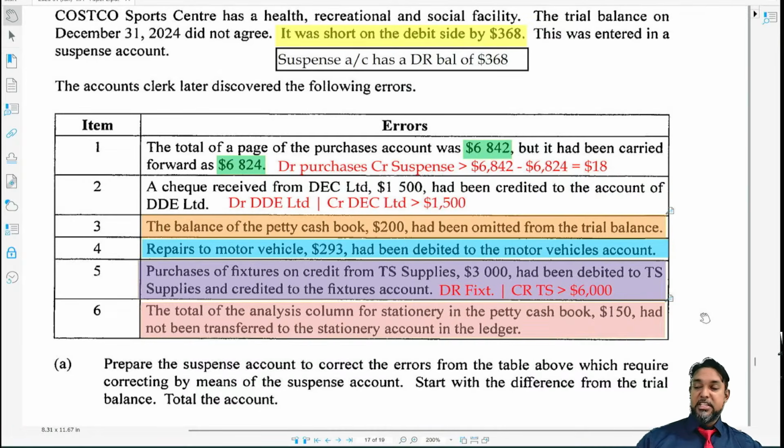So if stationery is an expense, how do we record an expense when it's incurred? We debit the expense account. So to fix this, you debit stationery and credit suspense, $150.